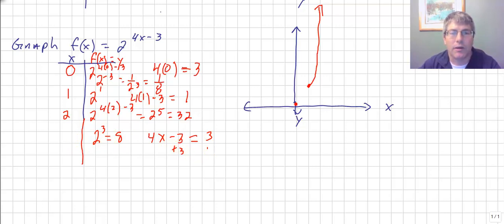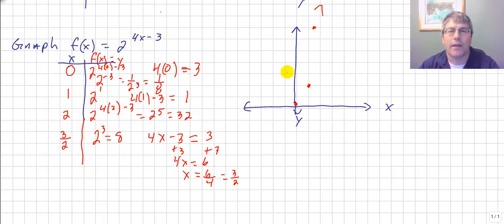If I add 3 to both sides, we get 4x equals 6, and x equals 6/4, or 3/2. So if we input 3/2, we will output 2 to the third. Put 3/2 in for x, and we get an output of 8. That makes sense: 1.5, that's 2, 4, 6, 8. So we've got a point right here.